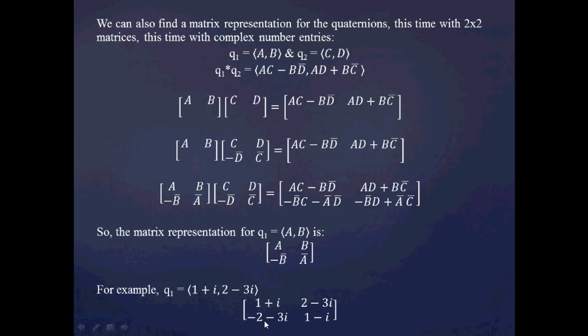Down here in the 2-1 position, I'm going to have the negative conjugate of what's up here. Now the negative conjugate is going to just negate the real part, so the negated real part is just going to give me minus 2 minus 3i for the 2-1 position. And then for the 2-2 position, I just take the conjugate of what's up here in the 1-1 position, which is going to be 1 minus i. And I claim this is the matrix representation for this quaternion.